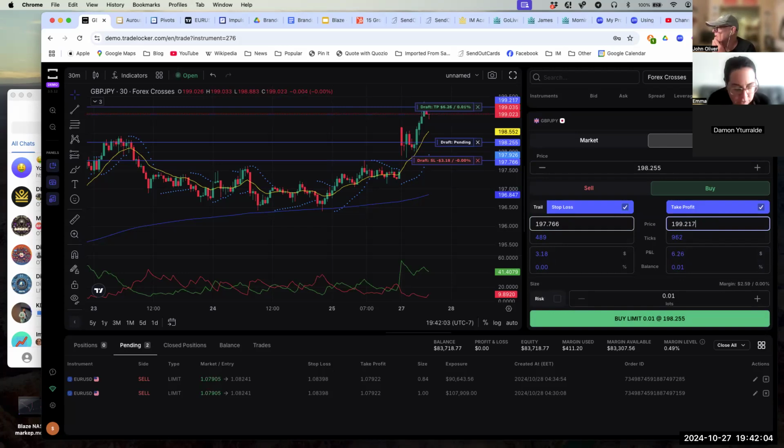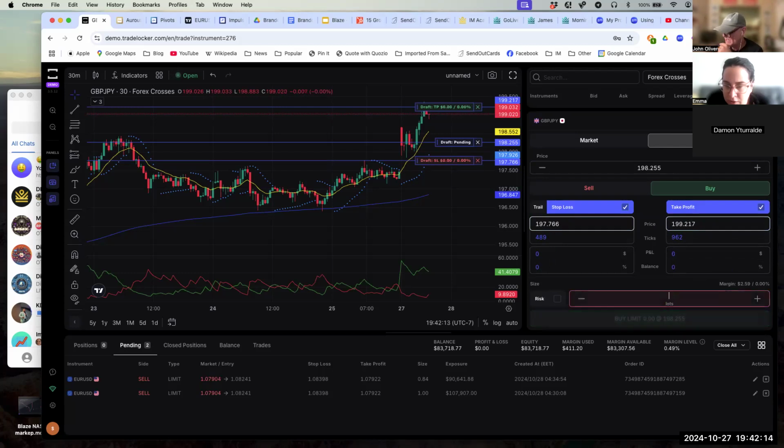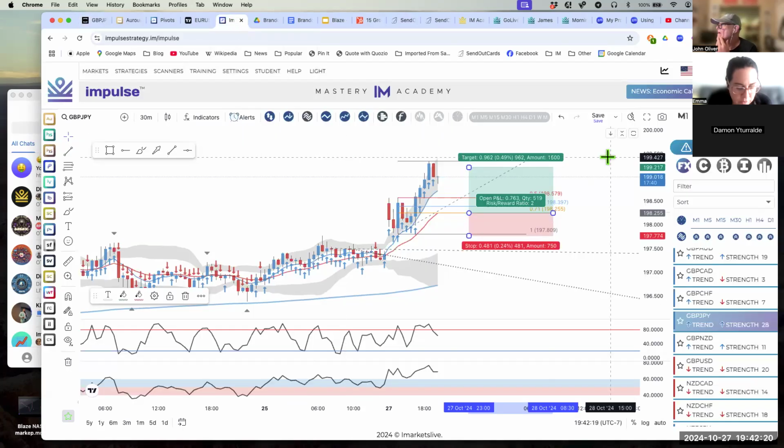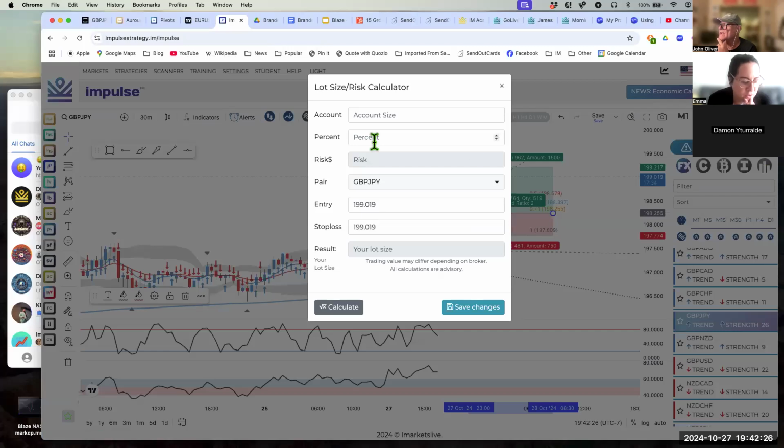199.217. Yeah. And then you can see we need a bigger stop loss here, larger lot size. And what you can do, you can go back to impulse here and you can do your calculator here.